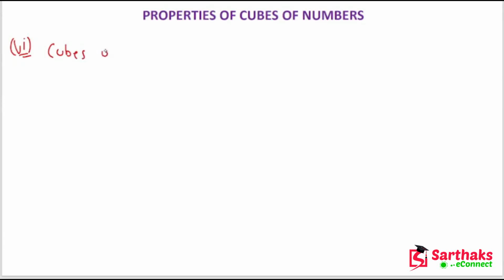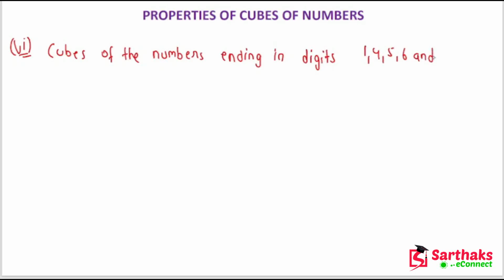It says that the cubes of the numbers ending in the digits 1, 4, 5, 6 and 9 are numbers ending in the same digit.